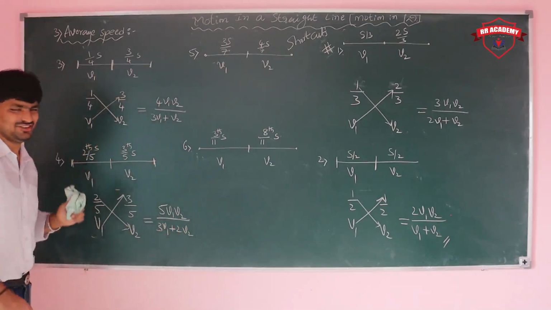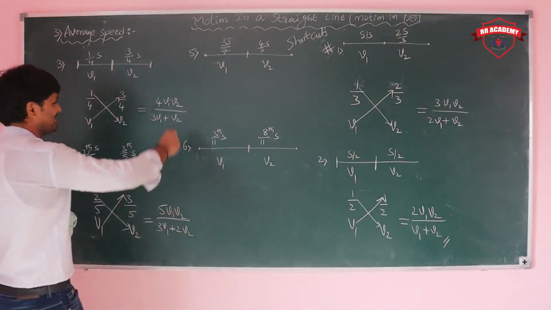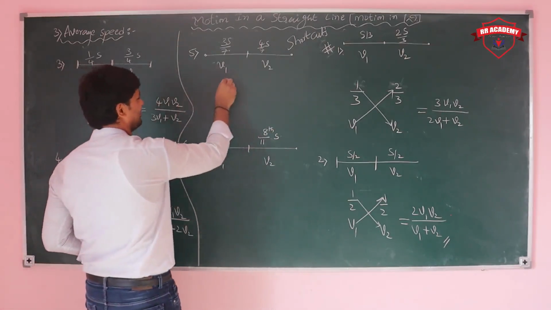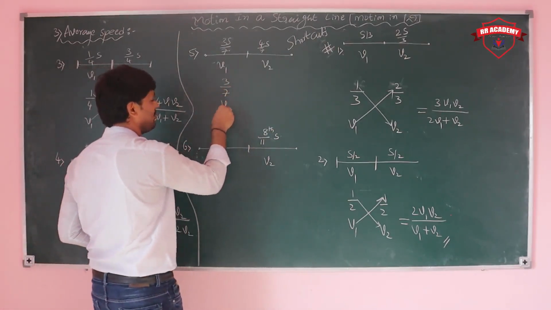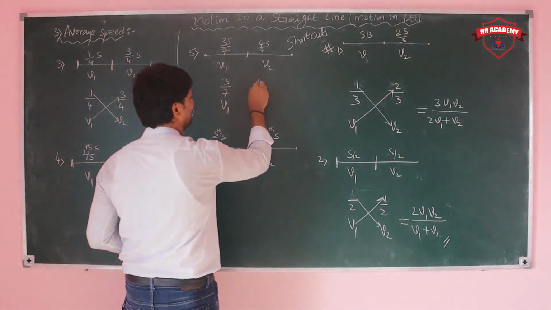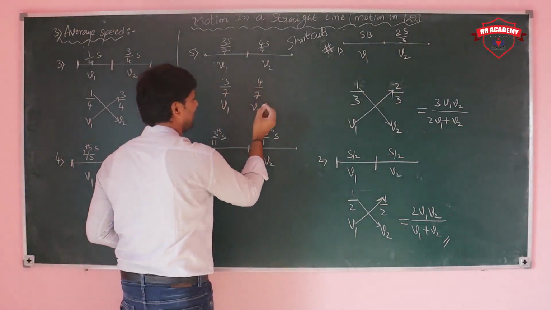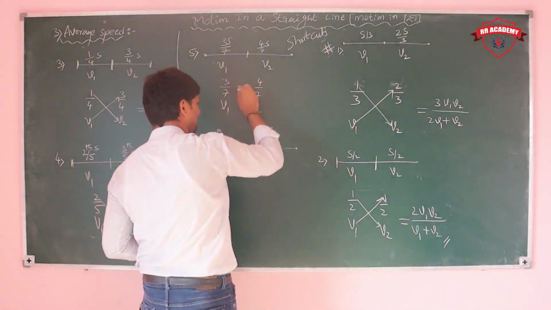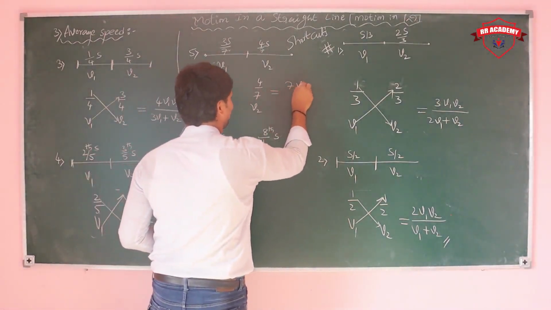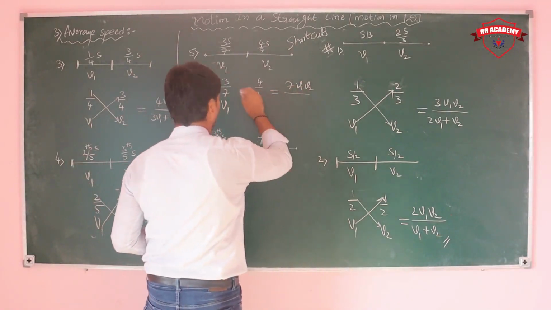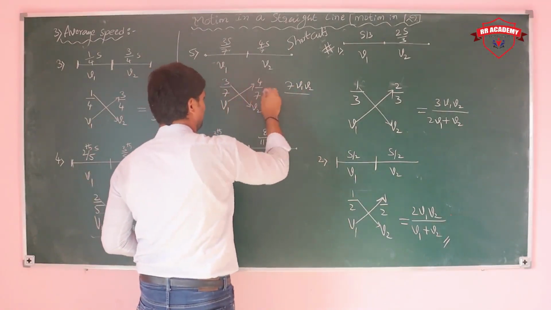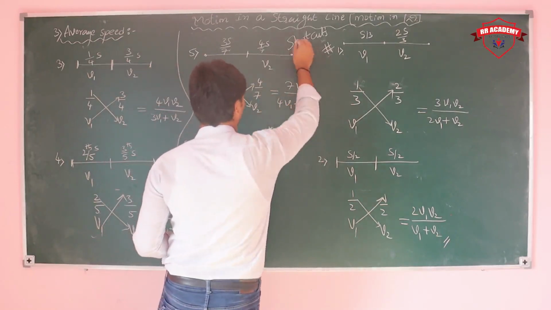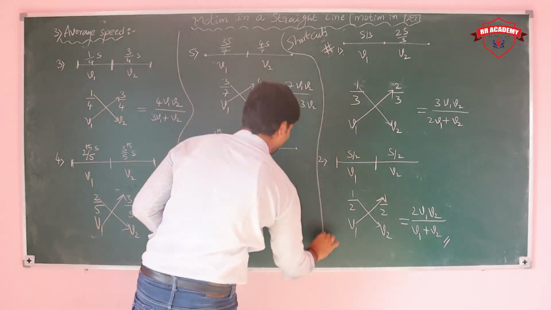Next shortcut: 3 by 7th distance with speed V1 and 4 by 7th distance with speed V2. Then the average speed is 7 V1 V2 upon 4 V1 plus 3 V2.